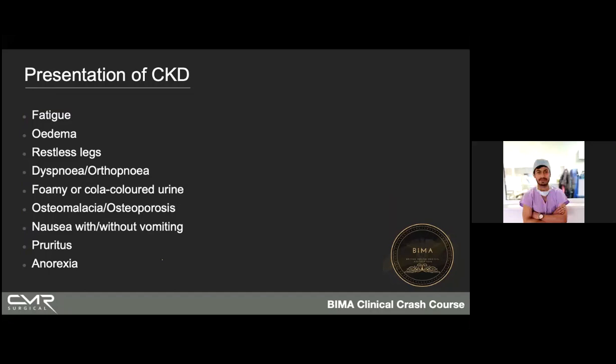Restless legs is really to do with the diabetic aspect of the CKD, dyspnea and orthopnea as well. So we're mainly dealing with the fluid part of things here. And then foamy or cola-colored urine, osteomalacia and osteoporosis as well. And then you can also have nausea without vomiting, pruritus and anorexia as well.